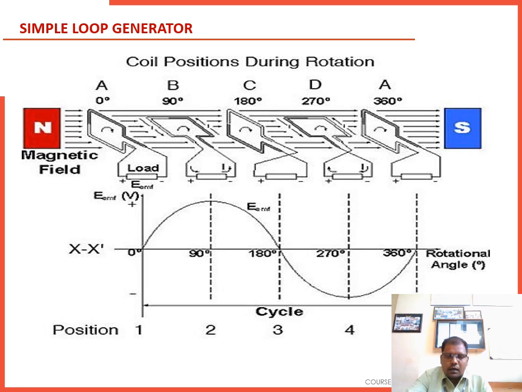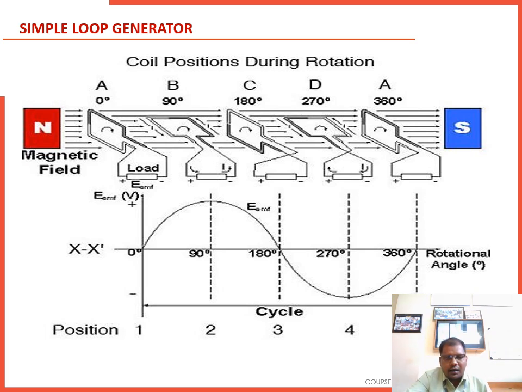That's the reason the EMF induced at position A, 0 degrees, is zero. At position B, 90 degrees, the maximum EMF is induced, because the conductor cuts the maximum portion of the flux.